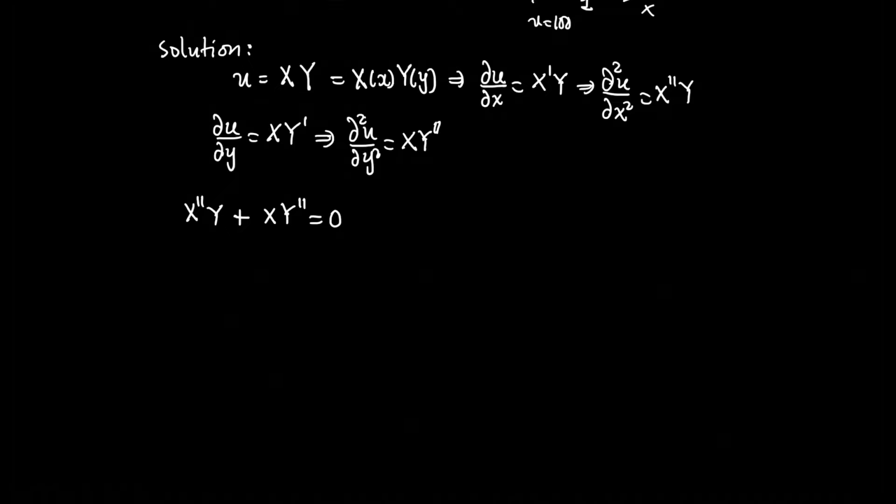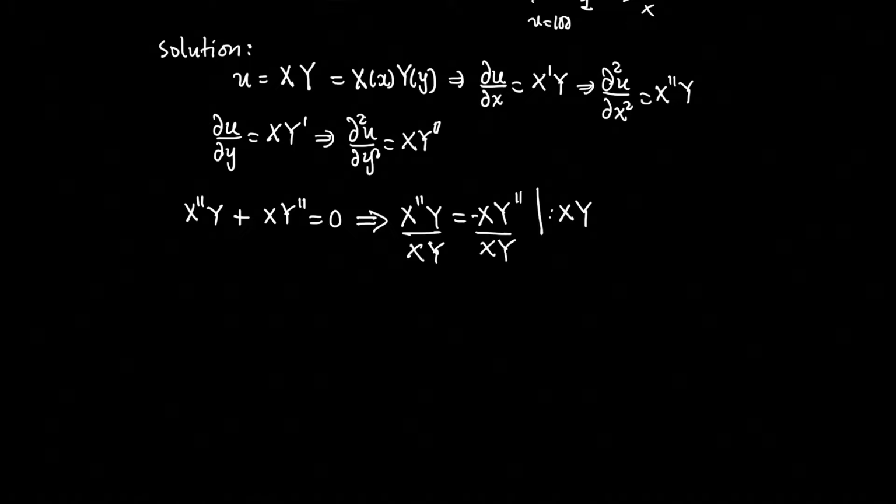Now I just need to separate. Then I have X''Y equal to minus XY''. Then I'm going to divide both sides by XY. These both cancel, and then you have X''/X equal to minus Y''/Y.